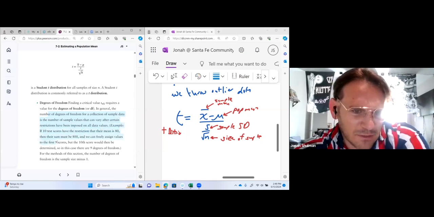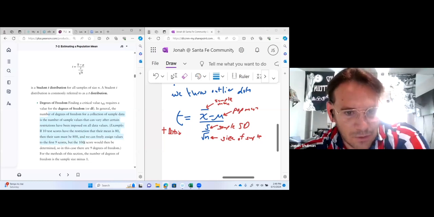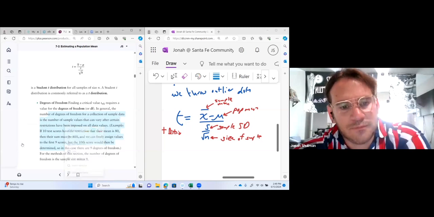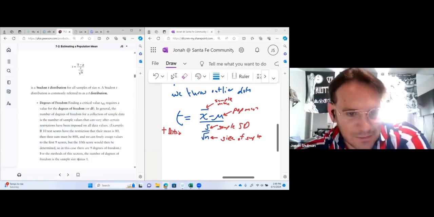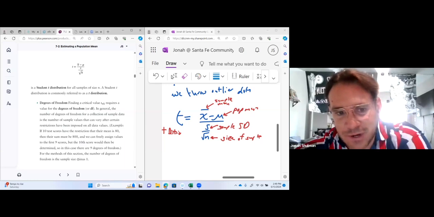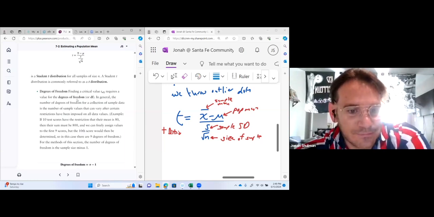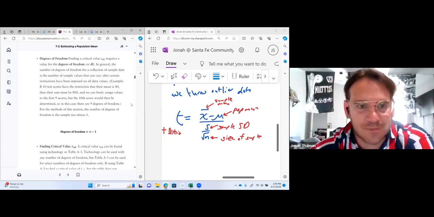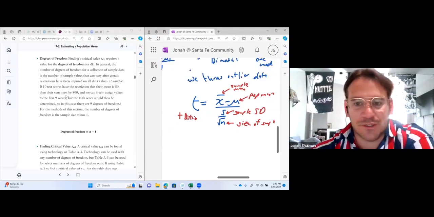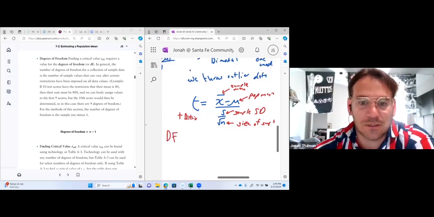You can freely assign the values to the first nine scores, but the 10th score would then be determined. So what does that mean? We used every single one but one for this, and we still get the right answer. This is great. Probably the best degrees of freedom definition I've seen in a long time.